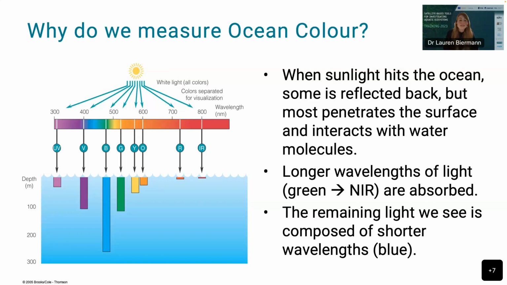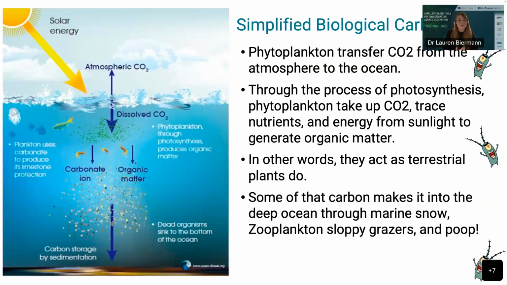The reason we care so much about this is because phytoplankton are the base of the marine food web. And that is a simplification, but ultimately, if you think of phytoplankton as the grass of the ocean, you'd know that absolutely all life in the sea is somehow linked to these tiny microscopic unicellular organisms that we can't even see with our eyes.